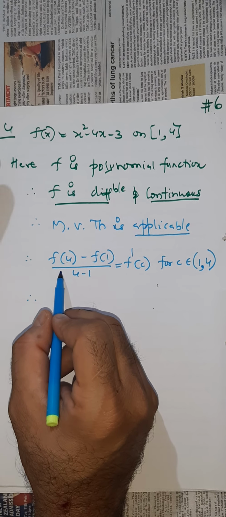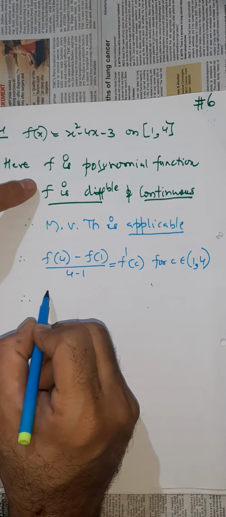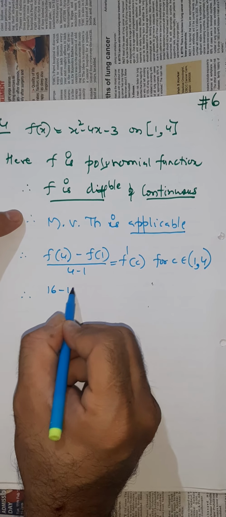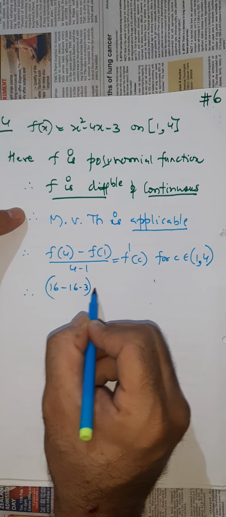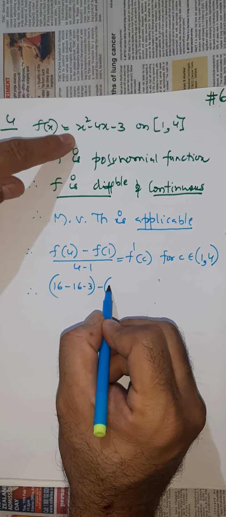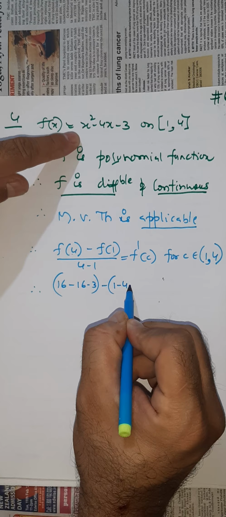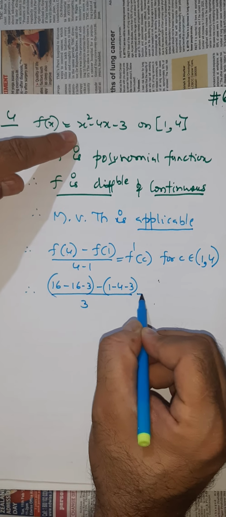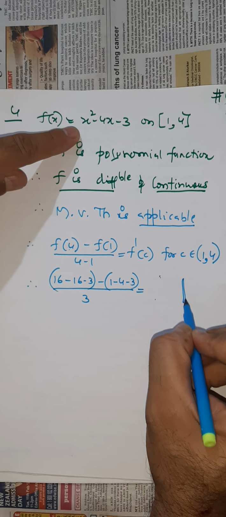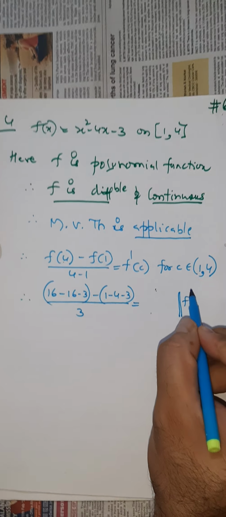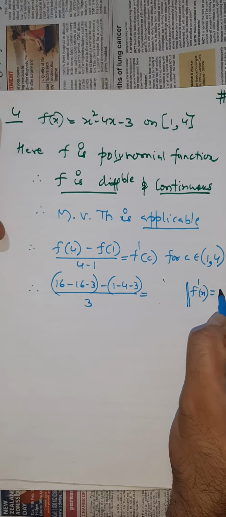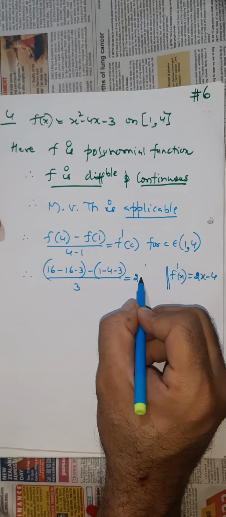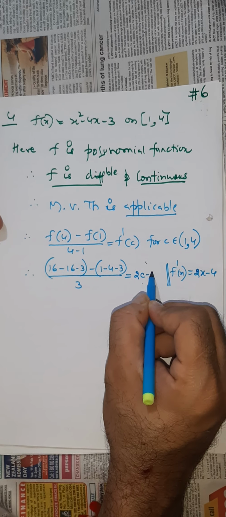Now what is f of 4, which you can find from here, which is 16 minus 3. What is f of 1? 1 minus 4 minus 3, upon 3, which equals f dash c. What is f dash x? Which is 2x minus 4. So you have 2c minus 4.